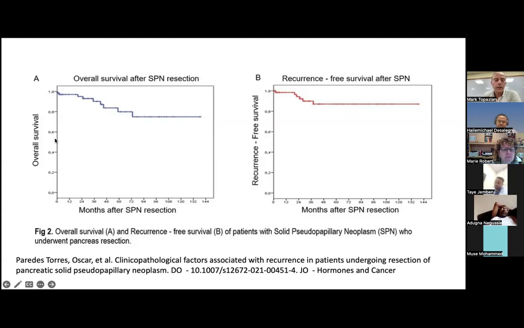And you can see that the overall survival after resection in this series and also in other series is actually quite good. At least for pancreatic neoplasms, it's much better than adenocarcinoma, for instance. So in this series, overall survival is about 75%, and recurrence-free survival 85%.